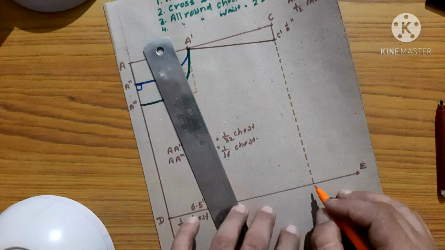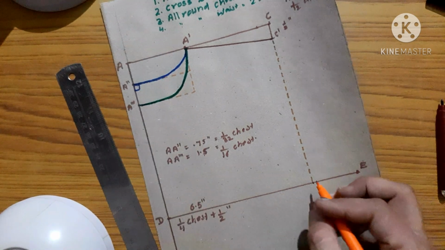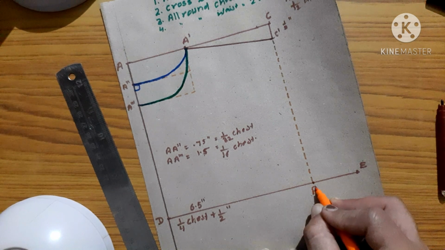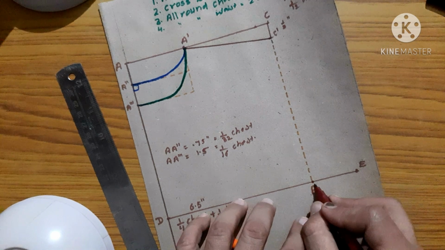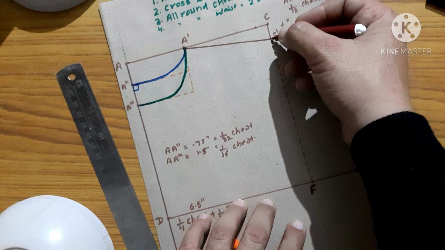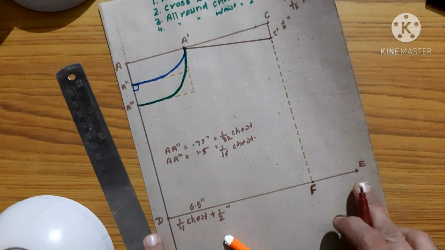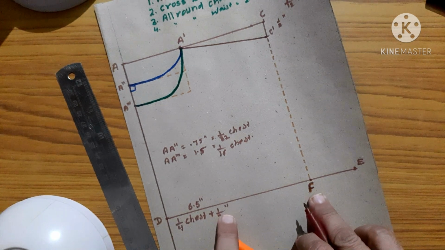We have to join this line at the point DE and mark a point F. This is F. It does not require any measurement, because we have to join C to the intersection point of DE, which is a new point, F.